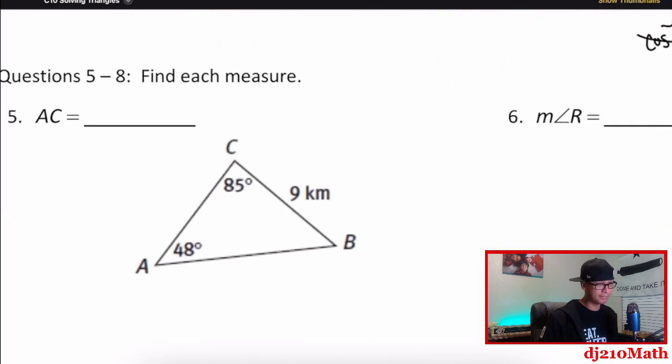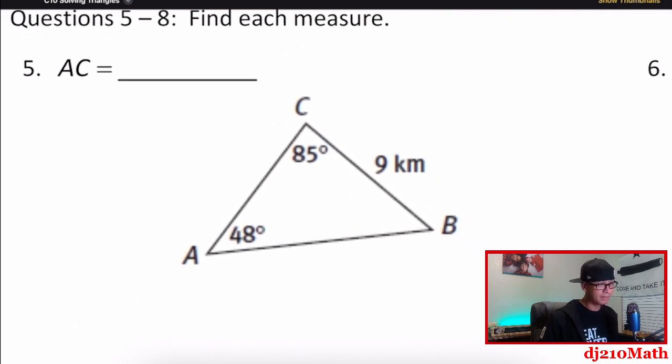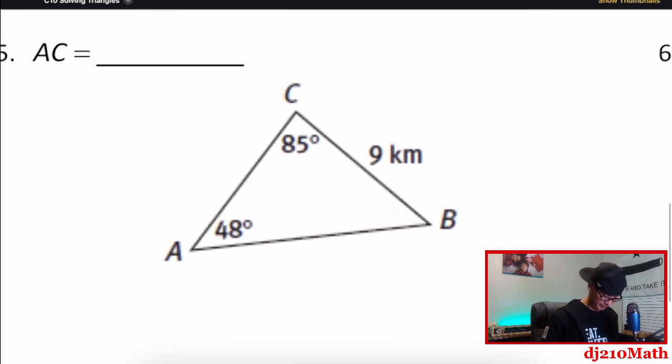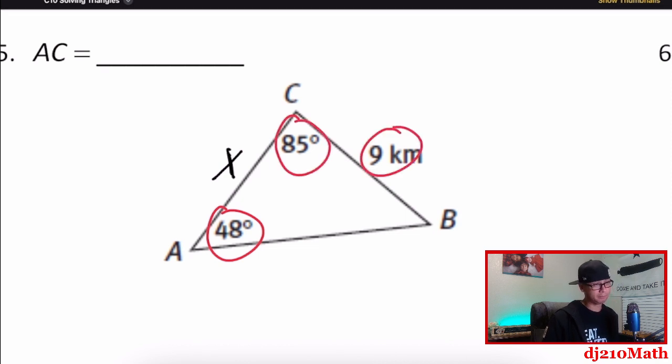Number 5. Find AC. We'll call it X. Okay, this is angle, angle, side. I know an angle, I know another angle, and I know the side that's not in between them. Angle, angle, side is law of sines.